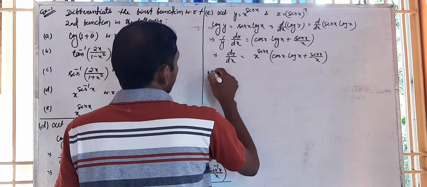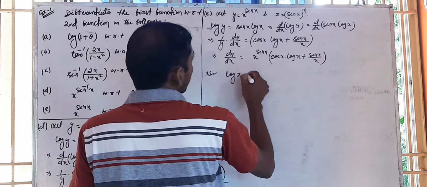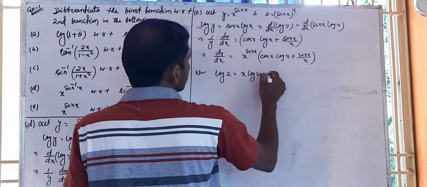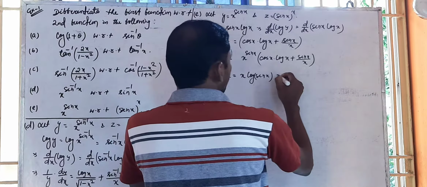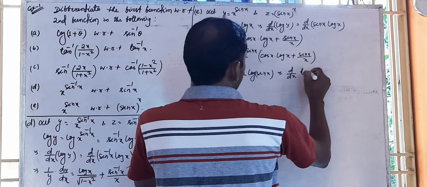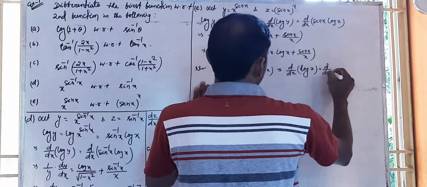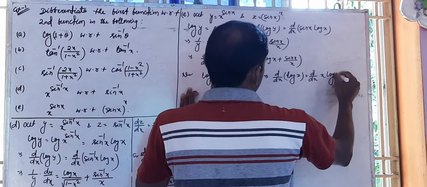Now z is this. So if we take log on both sides, log z, it will be x log sin x. Okay. So again differentiating both sides with respect to x. Derivative of log z with respect to x is d by dx of x log sin x.